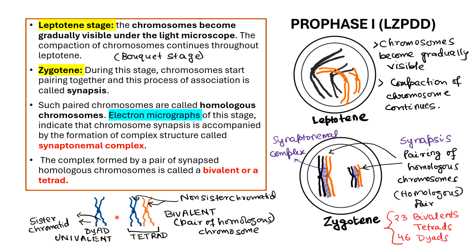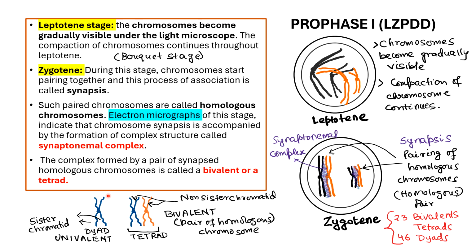Another thing you need to remember here is that when you consider a chromosome, the chromatids present in the same chromosome are called sister chromatids. This is the arm of the chromosome. This is one chromatid, this is another chromatid.